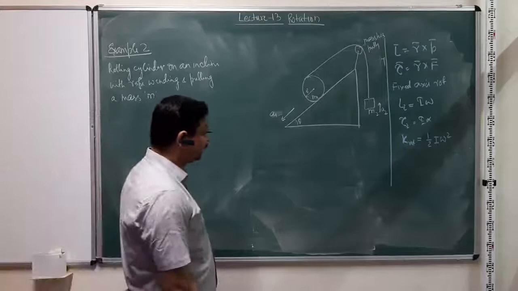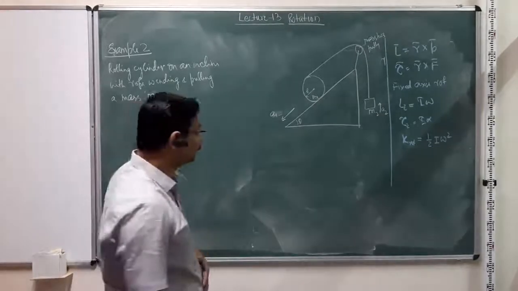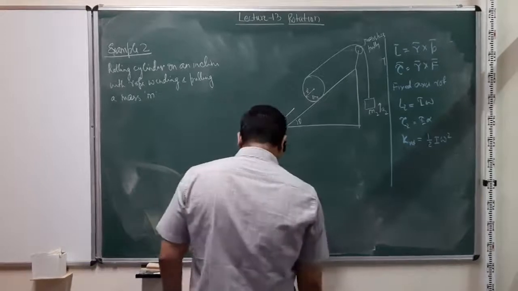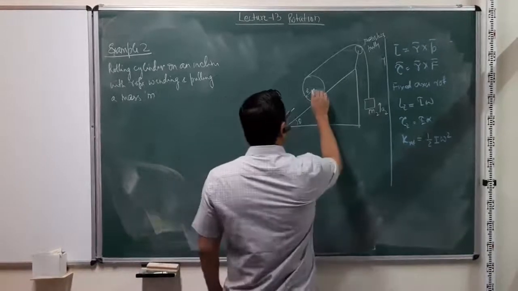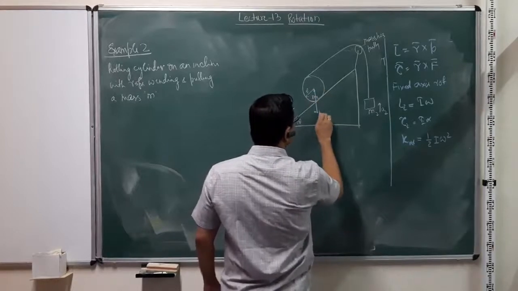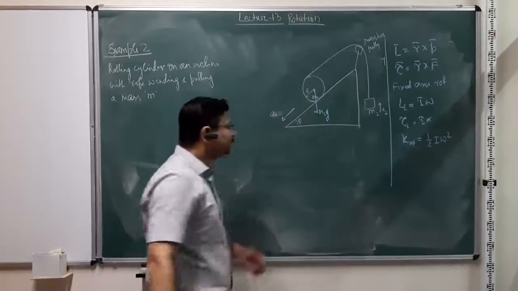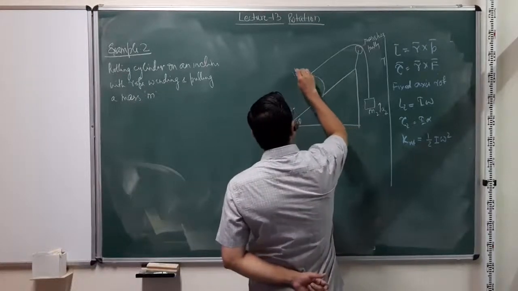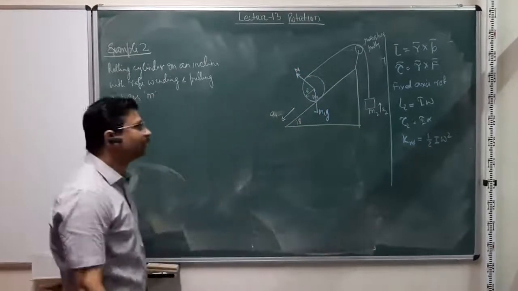Let's do the same as we did for the inclined problem earlier. But in this case again we have to worry about the rotation. So let us see what the forces acting on it are. About the center of mass, M1G acts downwards. Then we will have the surface normal reaction.